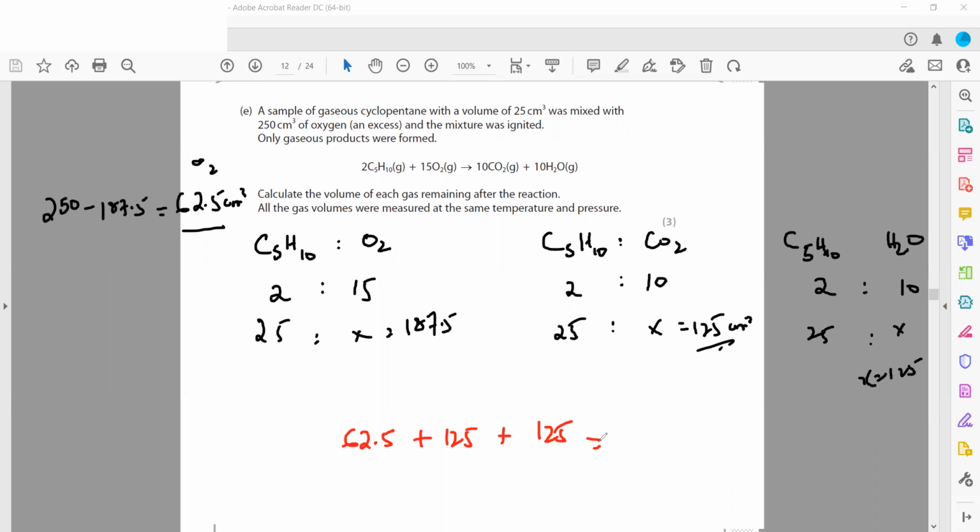So 250 plus 62.5. So the total volume of gas which is left at the end of this reaction is 312.5 cm cube, which includes the unreacted oxygen and the formed carbon dioxide and water.